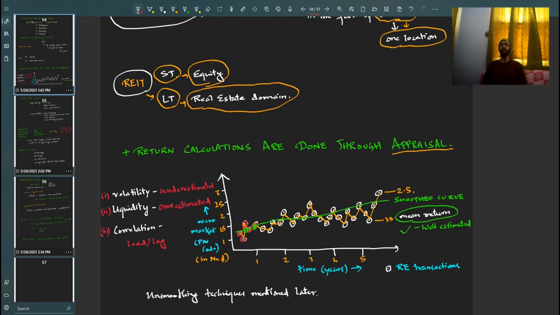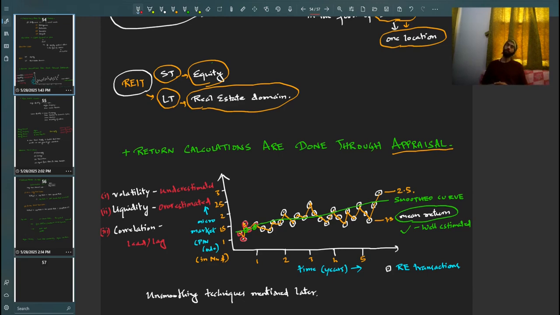And the correlation. Because of the smoothing, the zigzag patterns are gone, and therefore there is a lead and lag of correlation with respect to other financial assets. It can either lead or lag other financial assets or other domains of investments in terms of its correlation with those domains.